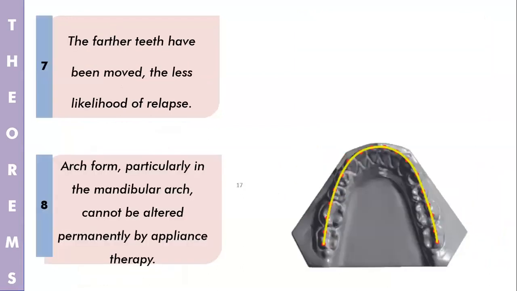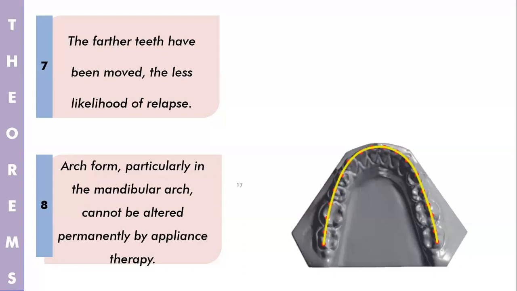Then the farther the teeth have been moved, the lesser is the risk of relapse. What does this mean? So, say you have a particular tooth, or any particular set of teeth, you have moved it way beyond.